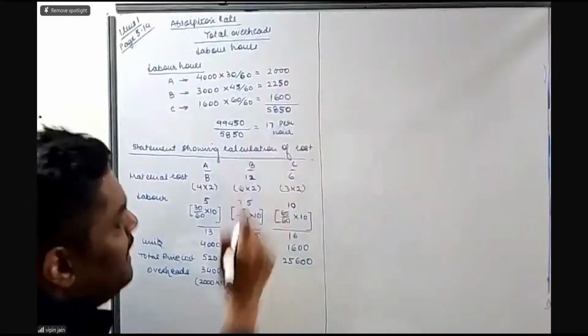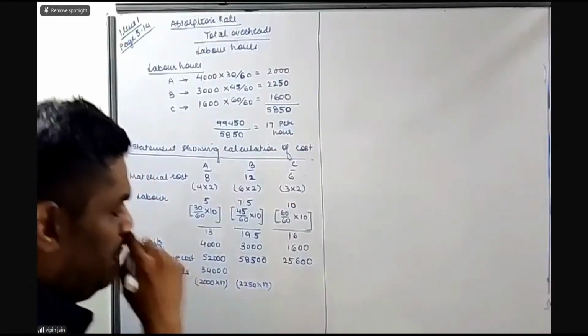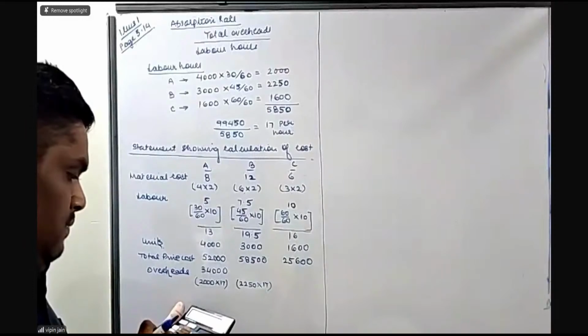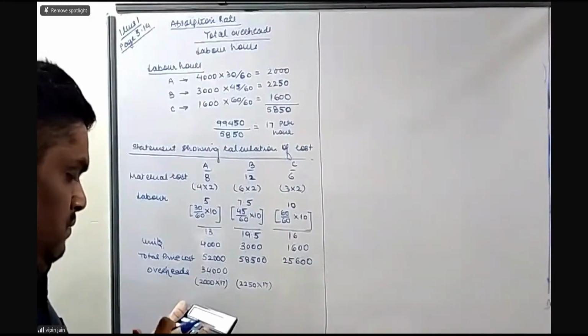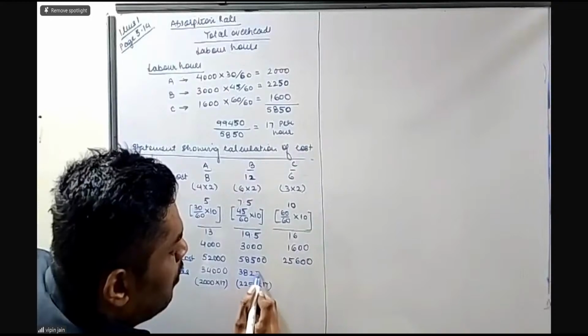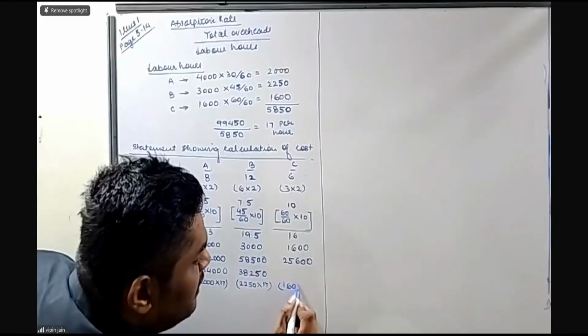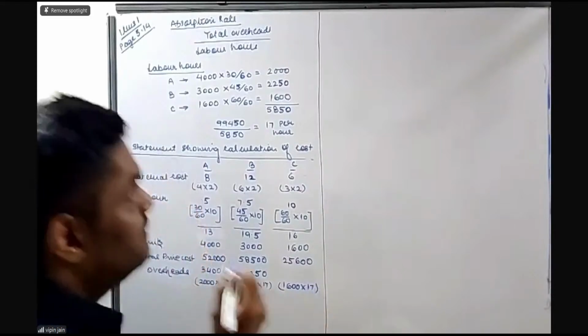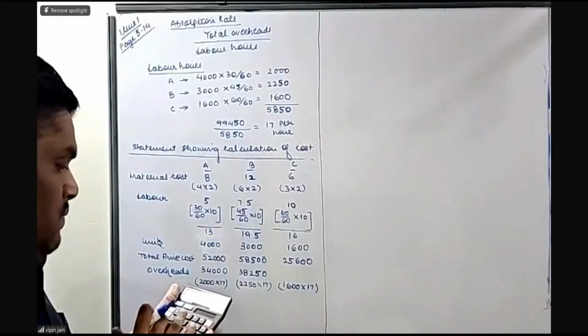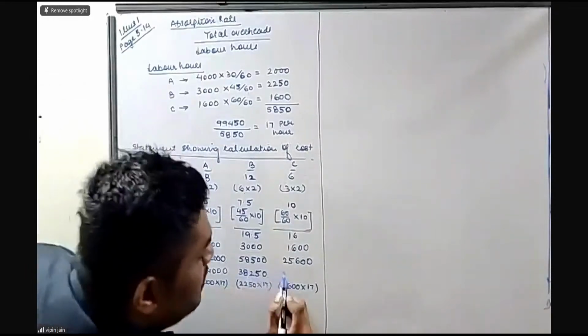Again, for B, the labor hours are 2,250 into 17. This will be 38,250. And the third is 1,600 into 17, which is 27,200.